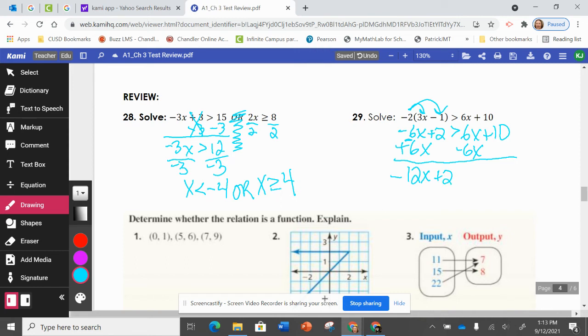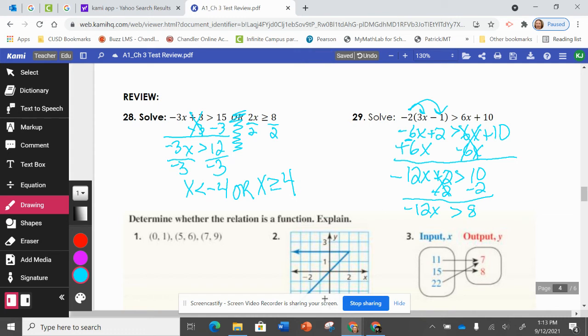We subtracted. Subtraction does not change the direction of our inequality. These add to 0, and we have 10. I will subtract the 2 to the other side for that like term. We have negative 12x. This adds to 0. We subtracted, so that does not change our inequality direction. And 10 minus 2 is 8.